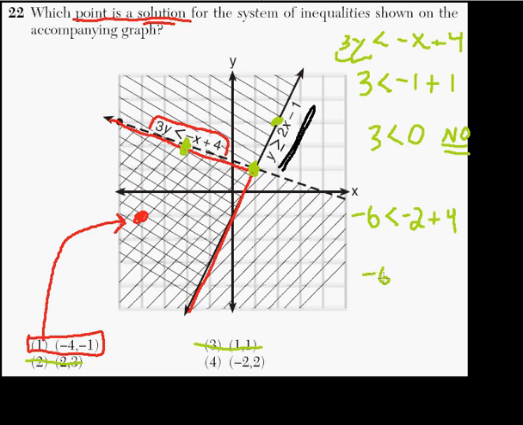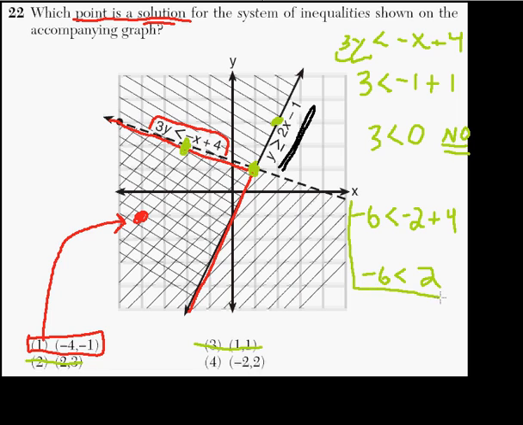So -6 is less than 2. Oh, well, that is true, actually. So maybe the graph isn't quite accurate here. Did I do something wrong? Oh, man, you know what I did wrong?